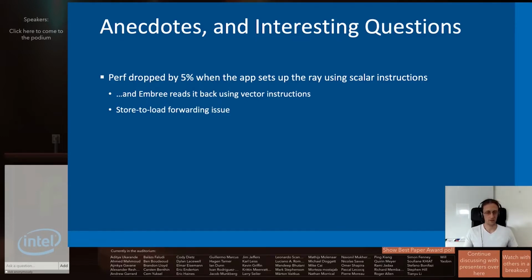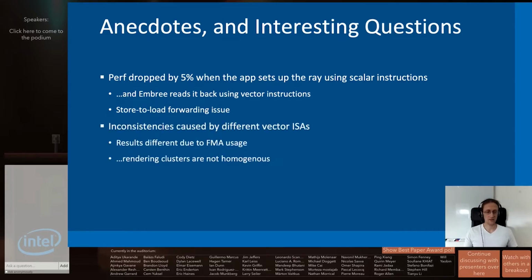And what happened is that we kind of ran into what's called a store-to-load forwarding issue on the CPU. This is kind of a CPU quirk. The CPU doesn't like it if you store something small with scalar instructions, for example XYZ of the ray direction, to memory and then load it back with vector instructions. This introduces bubbles in the pipeline, and these bubbles are so severe that the performance dropped by 5%. But luckily we could implement workarounds for that.